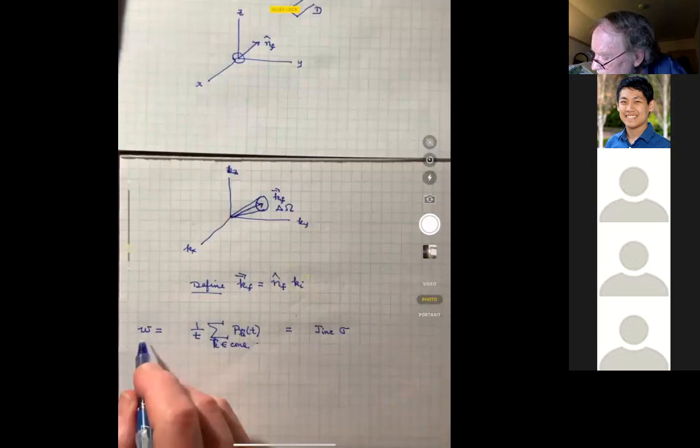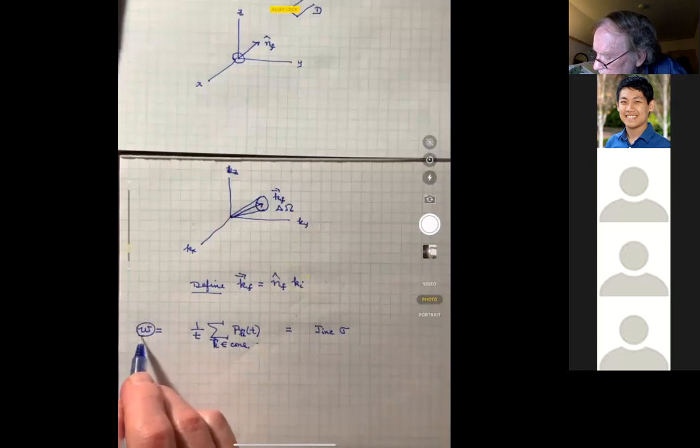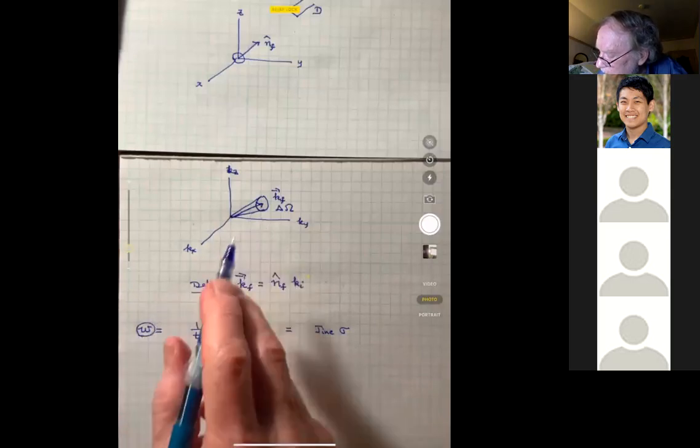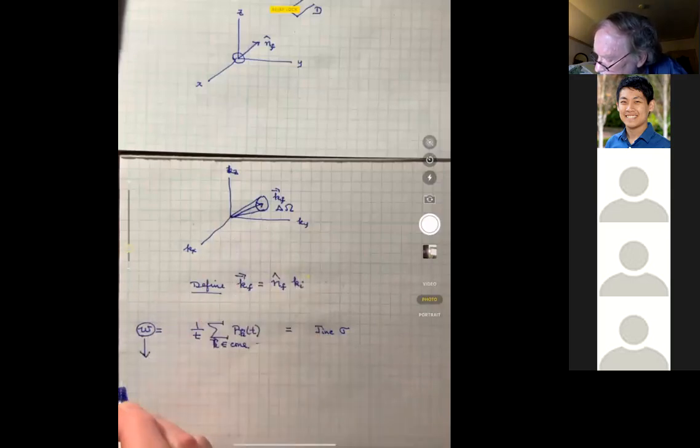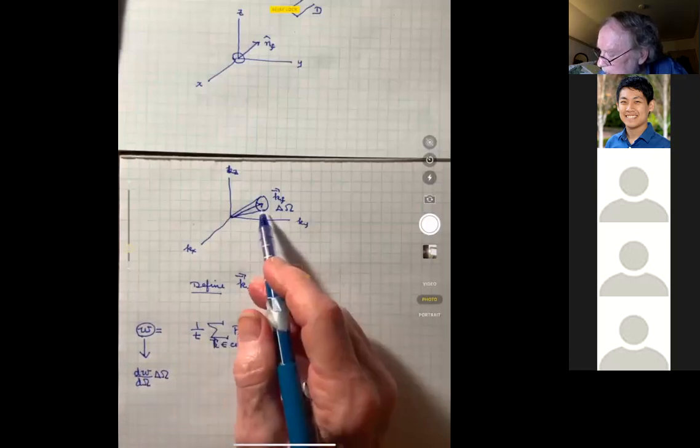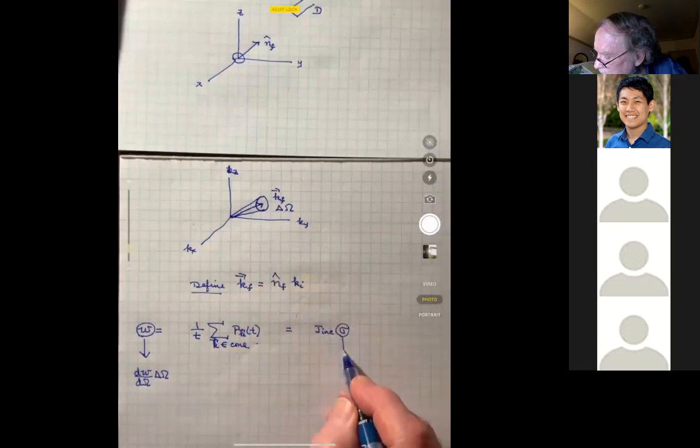We shouldn't really call this transition rate W. Allow me to change the notation. This W is the transition rate to end up inside the cone. Let me replace it by the following expression: dW d omega times delta omega, where dW d omega is the transition rate per unit solid angle, and delta omega is the small solid angle of the cone. Likewise, for sigma, we'll replace this by d sigma d omega times the corresponding solid angle delta omega, like so.